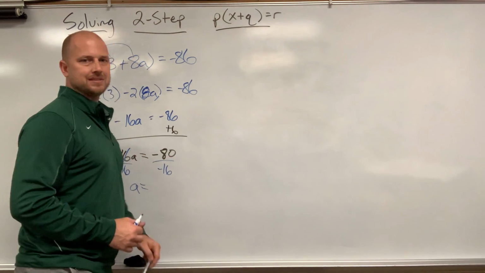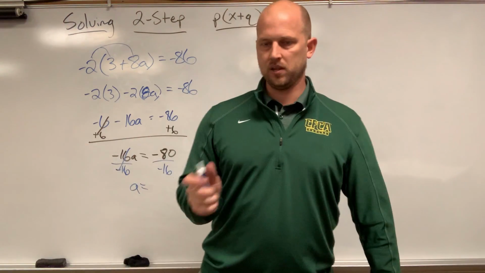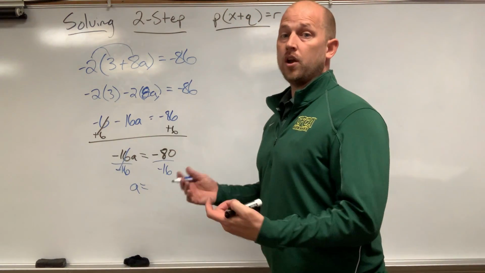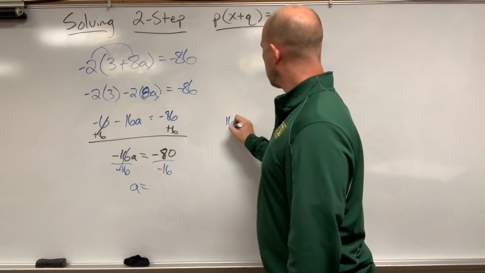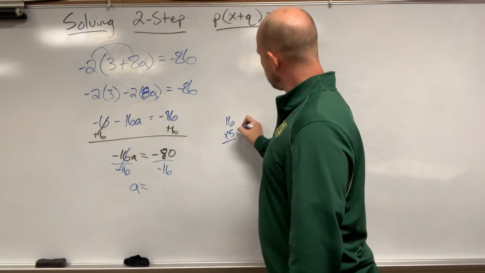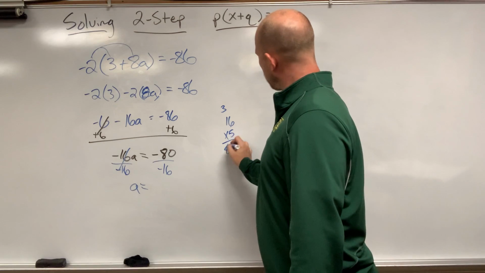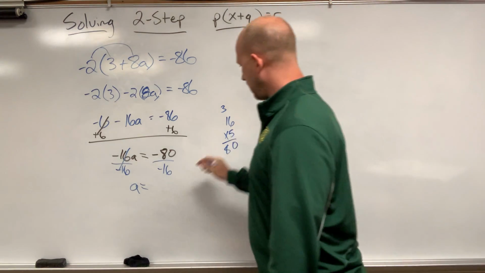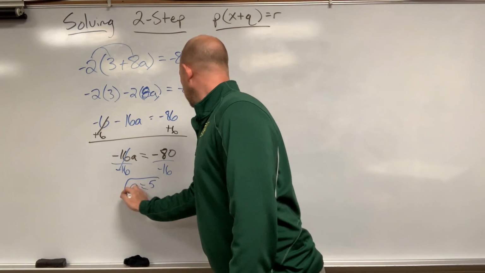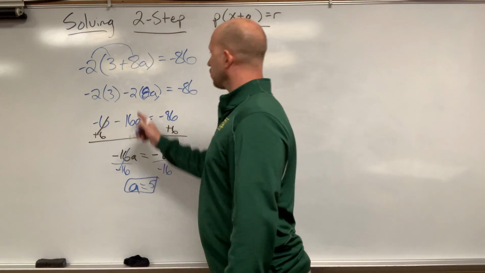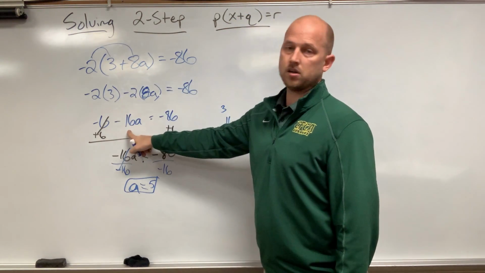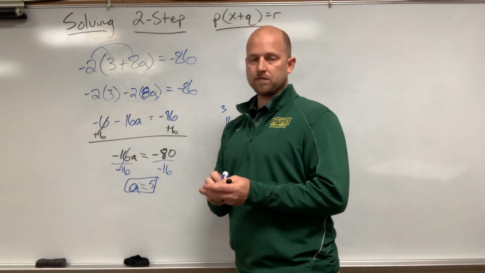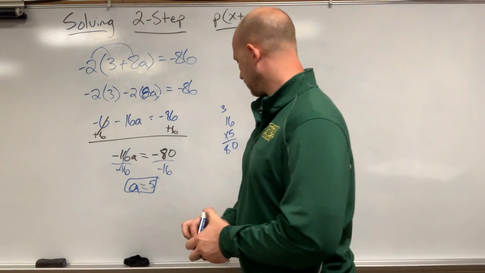Now we just find out how many times 16 goes into 80. I believe it's 5. Another method is you can guess and check. 16 times 5, that's 80. Yep, it is 80. So a is a positive 5. With these problems, you can also plug your a back in up here, or here, to confirm whether your answer is correct.